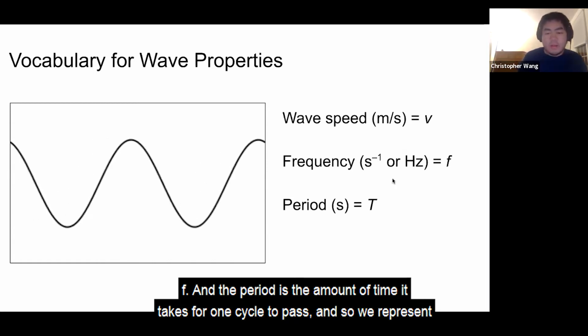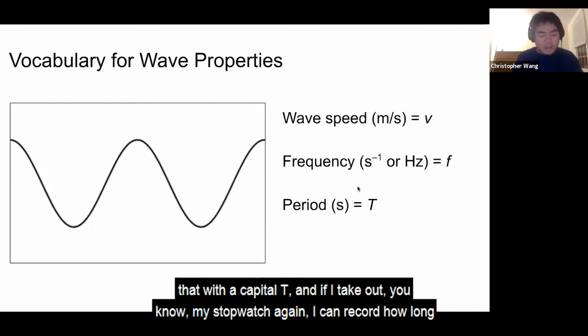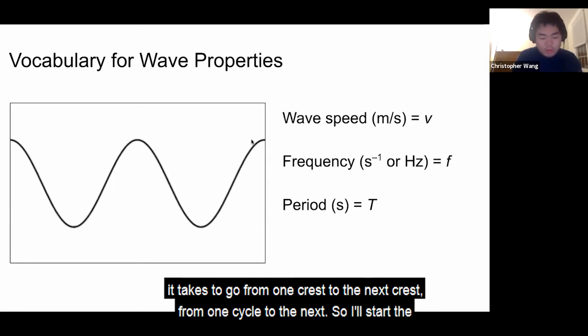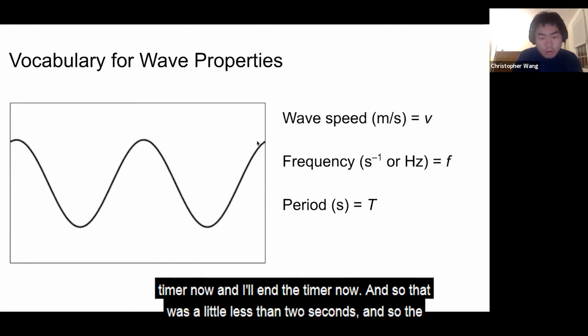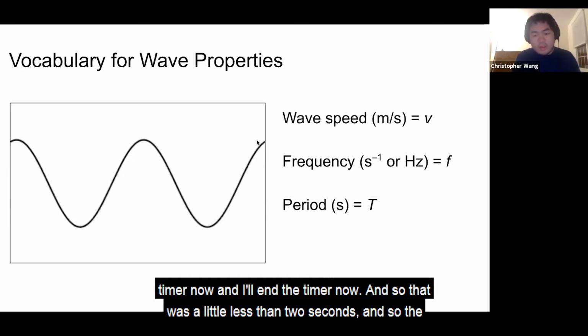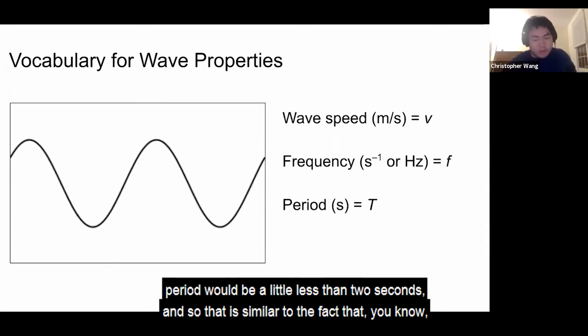The period is the amount of time it takes for one cycle to pass, and we represent that with a capital T. If I take out my stopwatch again, I can record how long it takes to go from one crest to the next crest, from one cycle to the next. I'll start the timer now, and I'll end the timer now. That was a little less than 2 seconds, so the period would be a little less than 2 seconds.